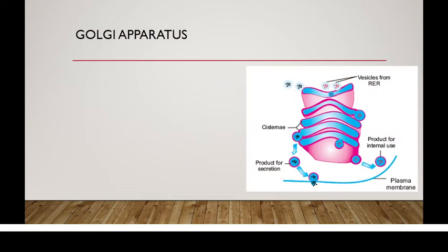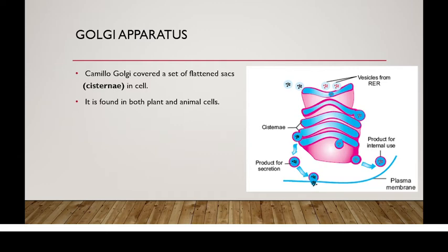What is the Golgi apparatus? Camillo Golgi discovered a set of flattened sacs which are known as cisternae, and they are present in the cell. Here you can see in the diagram that these are actually foldings.